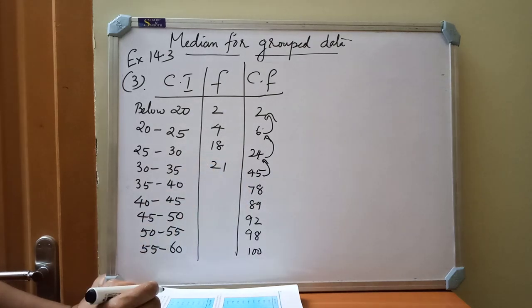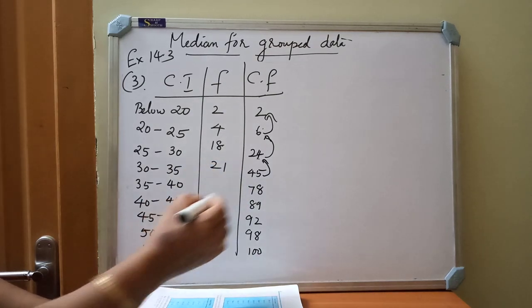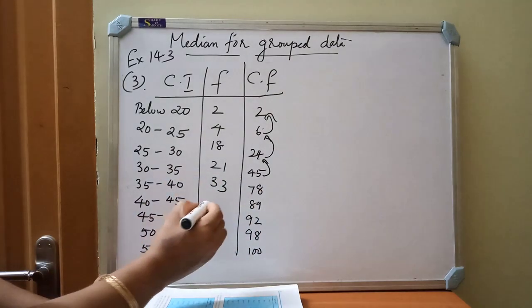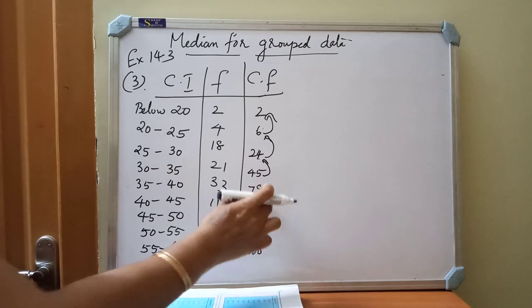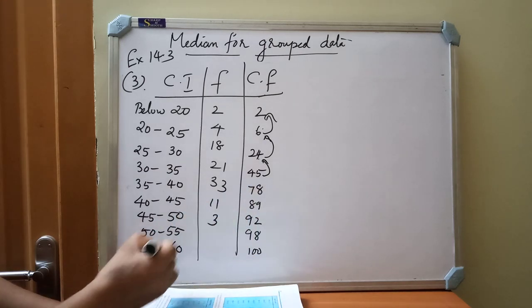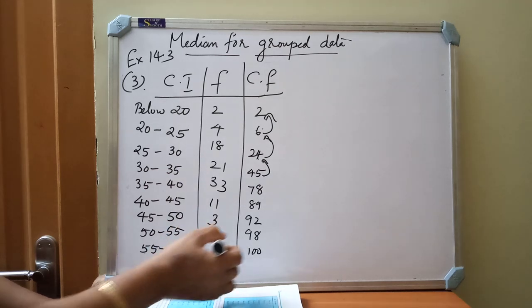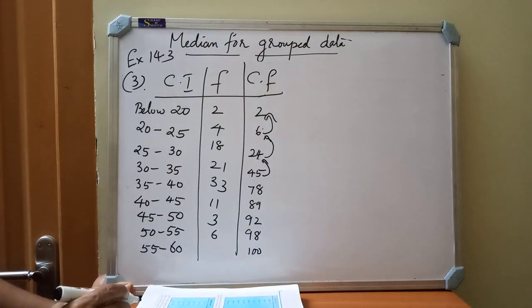Then 78 minus 45, 33. 89 minus 78, 11. 92 minus 89, 3. 98 minus 92, 6. 100 minus 98, 2.